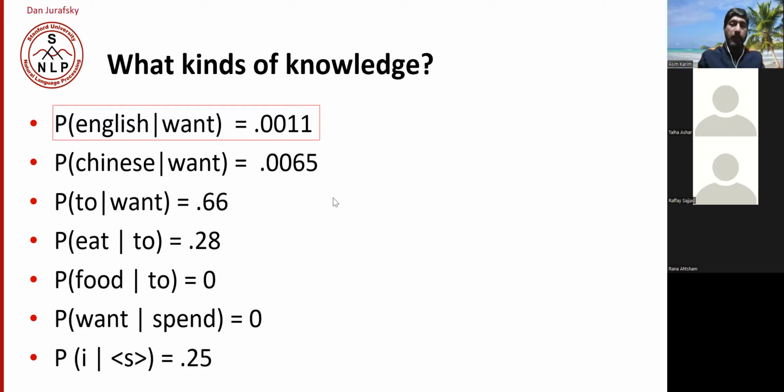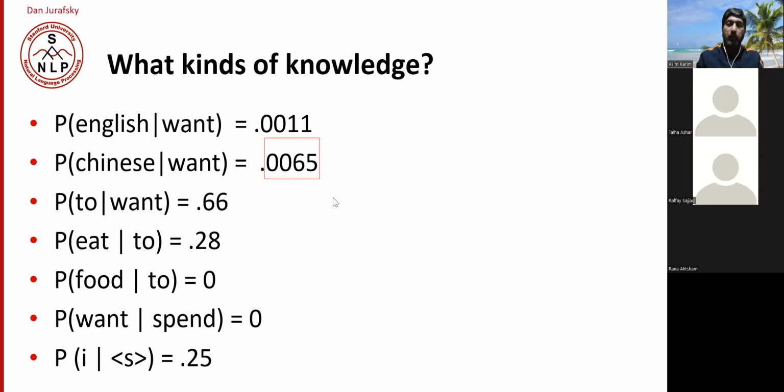So for example, in this slide, you have "want English", and if you look at the probability, it is 0.0011. And "want Chinese" is 0.0065.